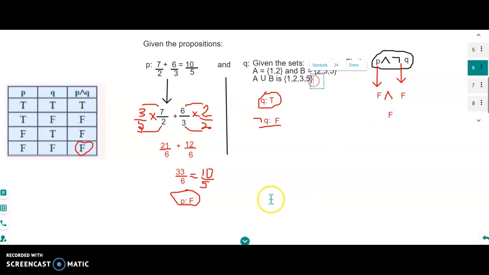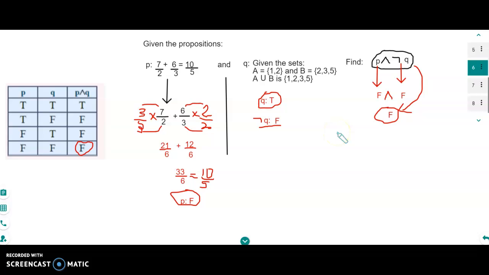This is our final answer. The proposition that they are asking for is P and negation of Q, and that result is false. This is our final result.